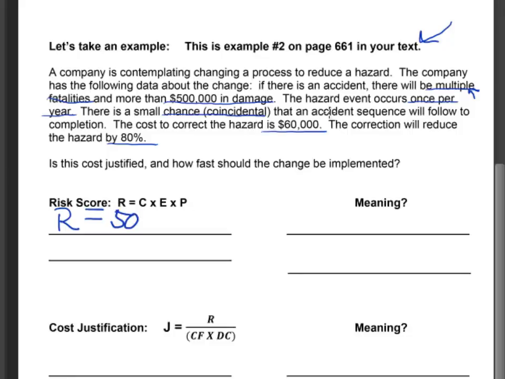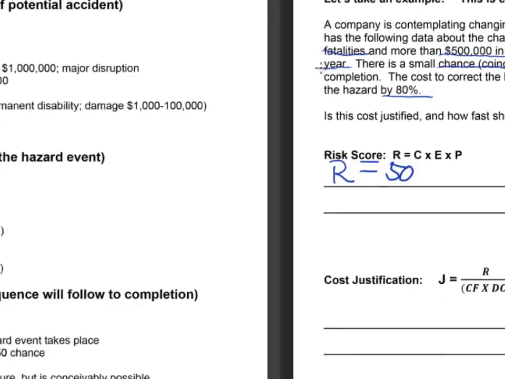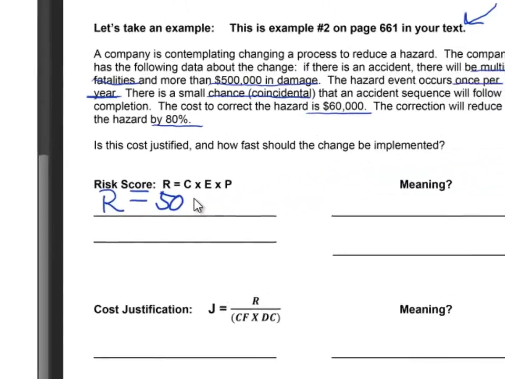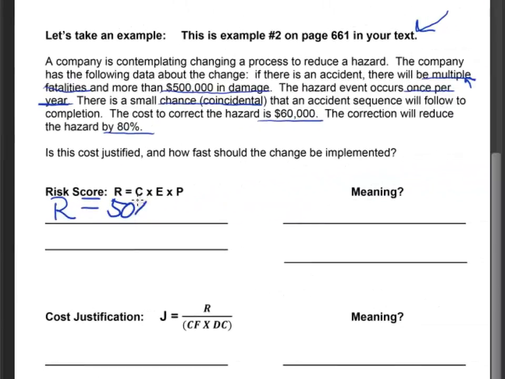Exposure, let's see, the hazard event occurs once per year. That's the frequency. So let's look at once per month to once per year. That looks like our value, and that is 2. So we have 50 times 2.